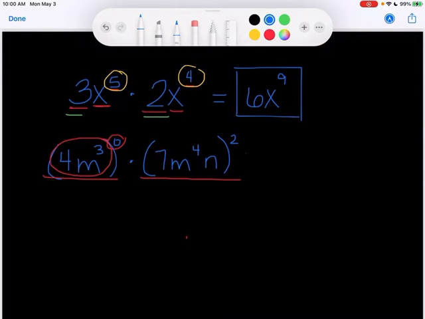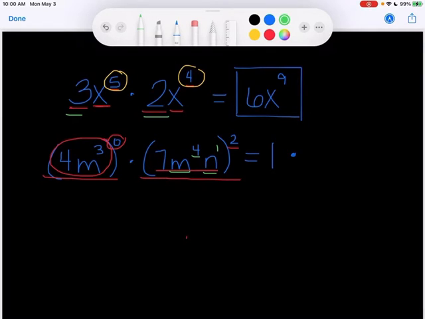Okay, so we're going to get 1 times. All right, so then for the next one, okay, the base is 7m to the 4th n for the power of 2. Now, m is just the base for the power of 4, and n has an understood power of 1. But within the parentheses, the 7, the m to the 4th, and the n, we can't do any more combining.